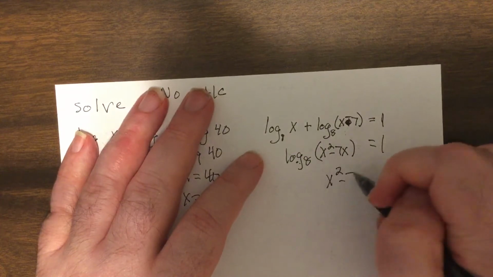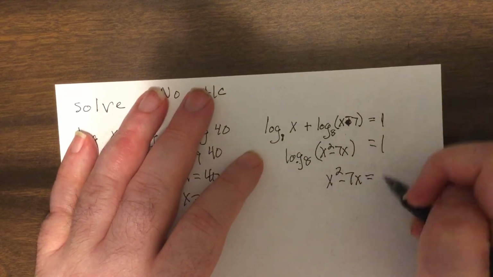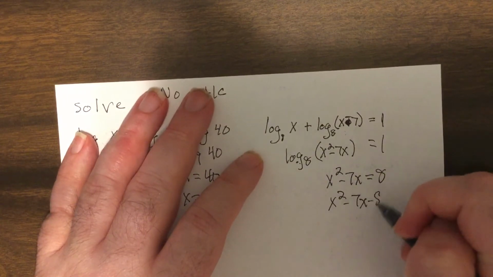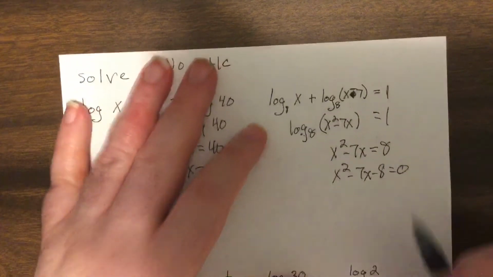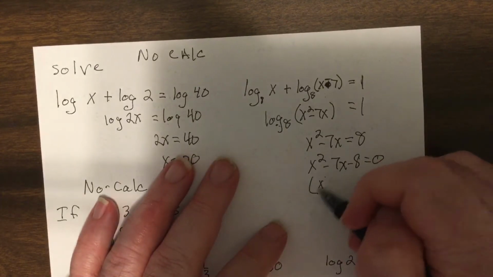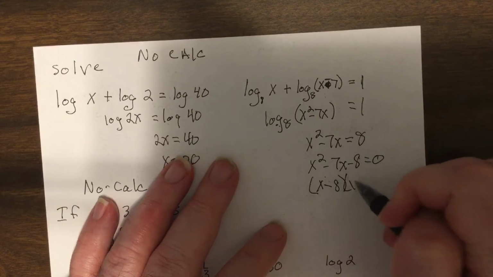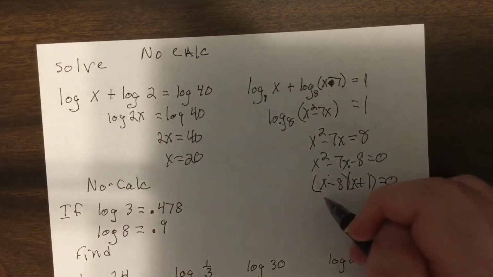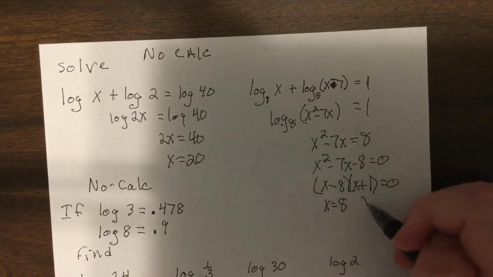X squared minus 7x equals 8 to the first. So x squared minus 7x minus 8 equals 0. Now you could do completing the square, quadratic formula, or factor: x minus 8, x plus 1. So x equals 8 or x equals negative 1.